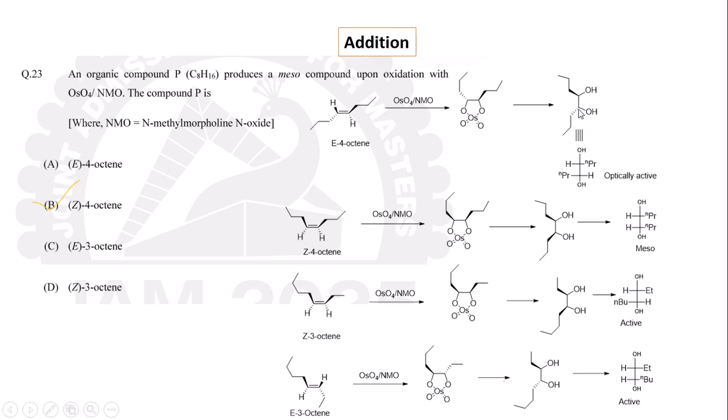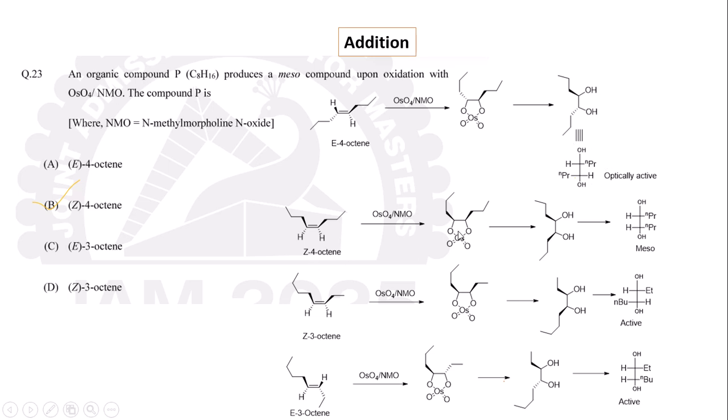And again, the hydrogen is also present in the above direction, and this hydrogen also comes to the right side. So if we convert the flying wedge to the Fischer projection, then the threo compound is obtained, and this is optically active.